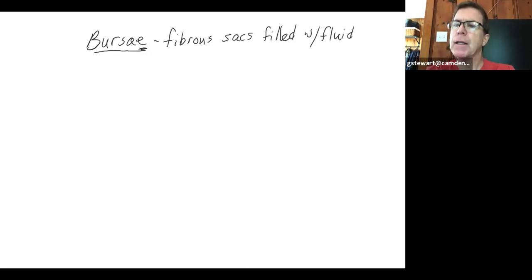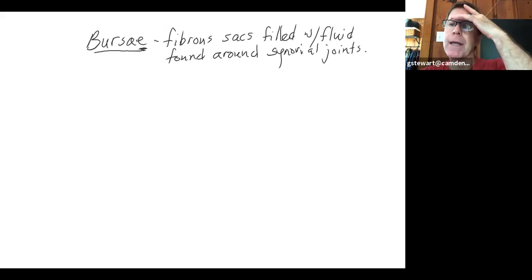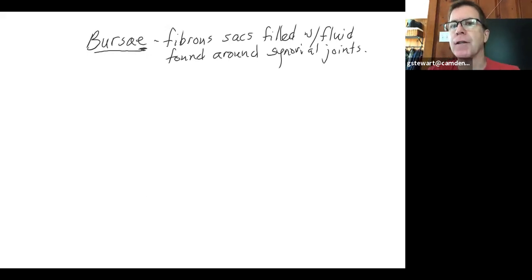And we find these bursae near synovial joints, and they also help reduce friction around these joints. So technically, they're not considered part of the joint itself, but they're closely related location-wise and structurally.